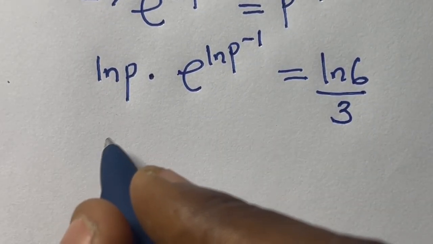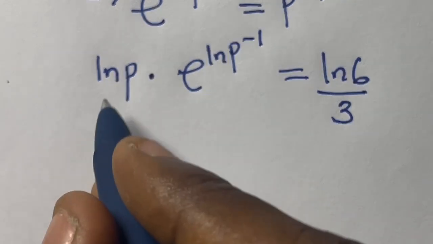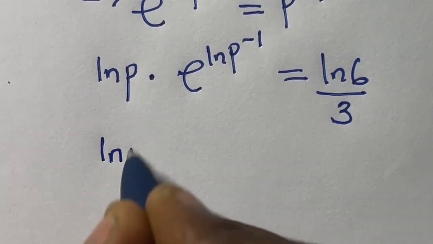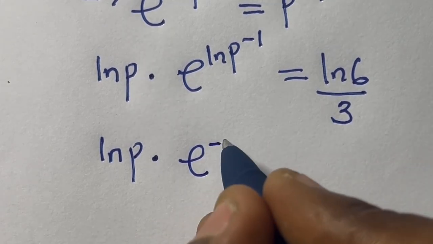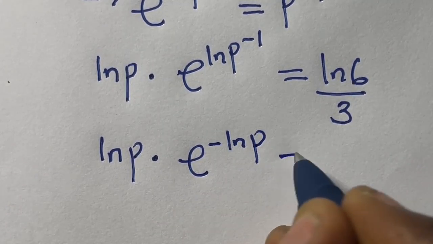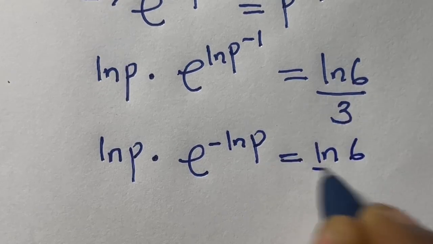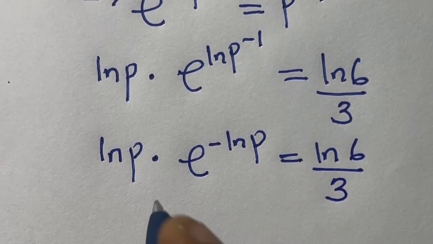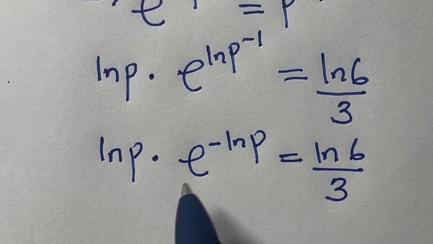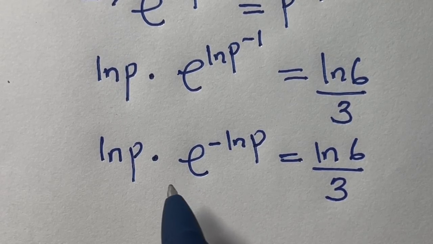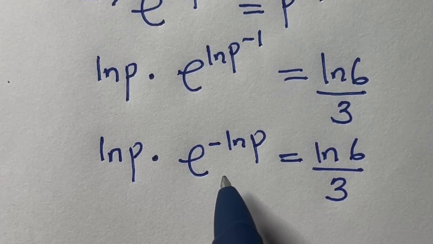So now the next step is we will have ln p multiplied by exponential minus ln p equals ln 6 divided by 3. So here now, as we look at it, we are going to apply the Lambert function.